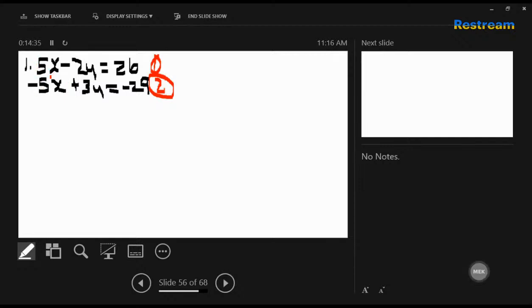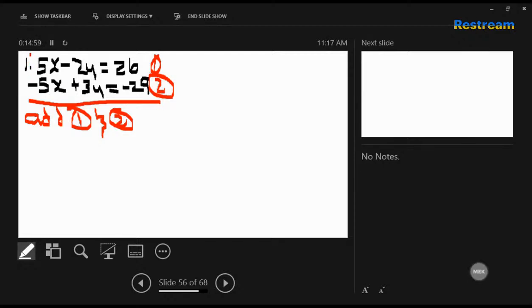When the signs are the same, we would need to subtract. So we have a positive 5x and negative 5x. We're going to add the equations. So I would say add equation 1 and 2. I always like to number my equations as well as to underline the original equations.